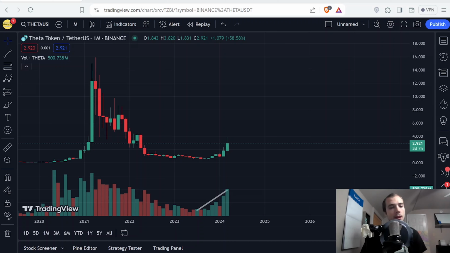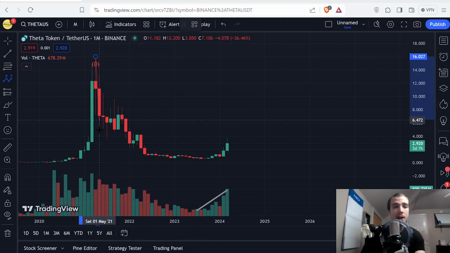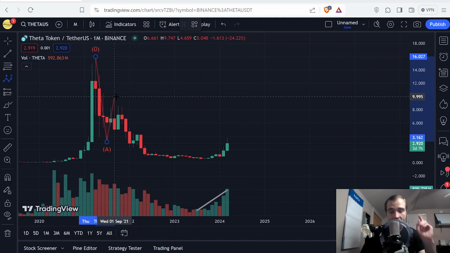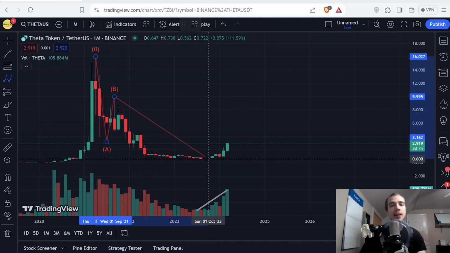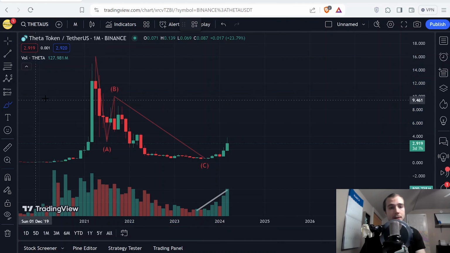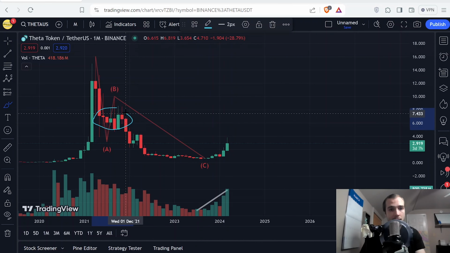So yeah, Theta coin looks really, really good, you guys. We are breaking out in volume. Like I said, we do have 5 waves up and ABC correction down. This looks like it's going to start to probably take off here over the next couple months. And I wouldn't be at all surprised to see price go up in between wave A and wave B and really start to go up into these areas right here.